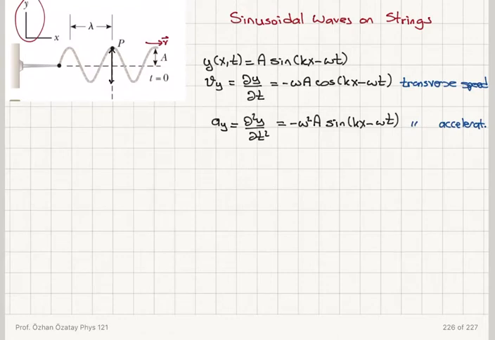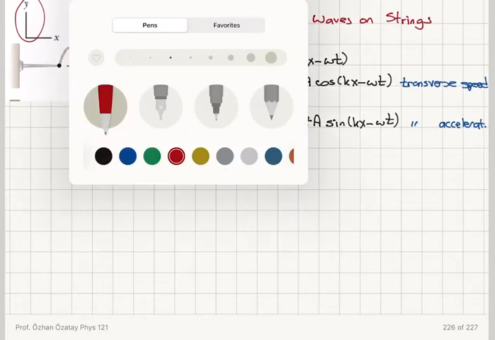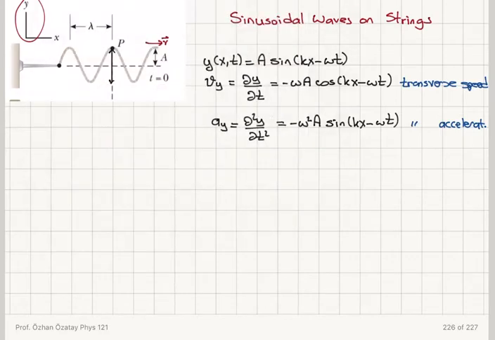Now, something I know from simple harmonic motion is applying here as well. So I have the maximum transverse speed is equal to omega times A, and then I have maximum transverse acceleration, it's omega squared times A.